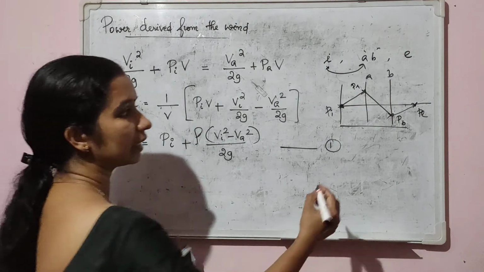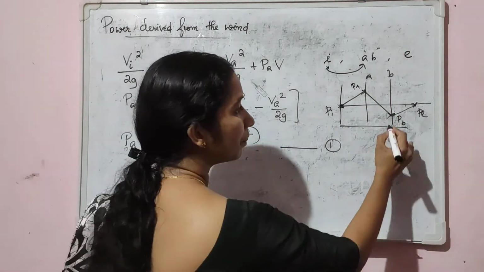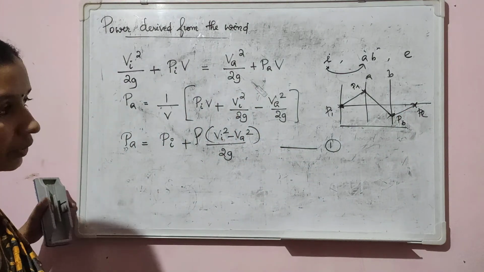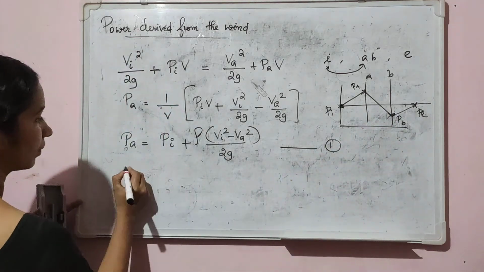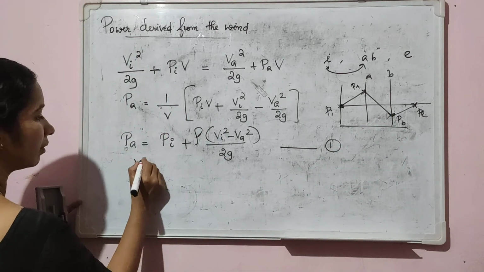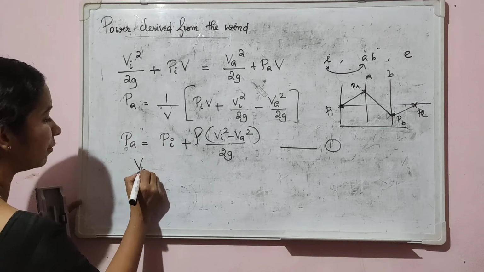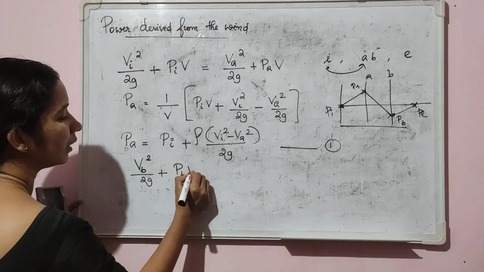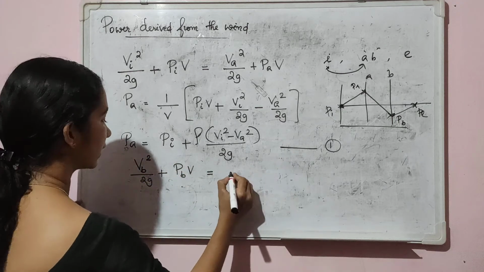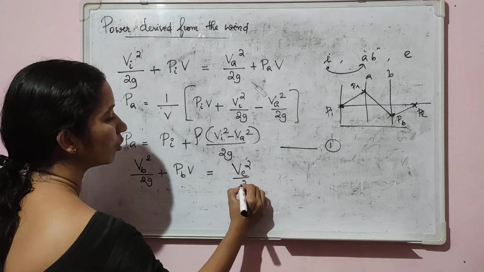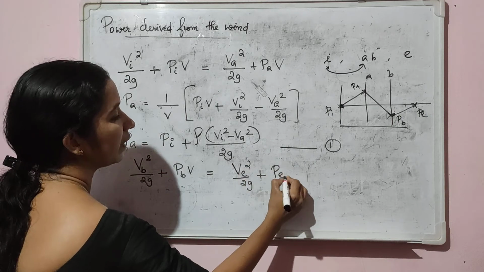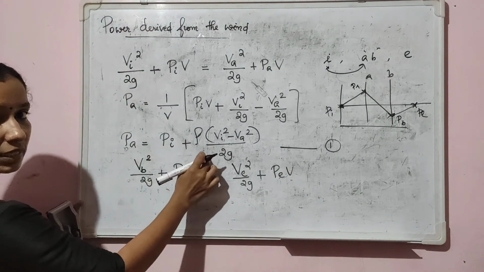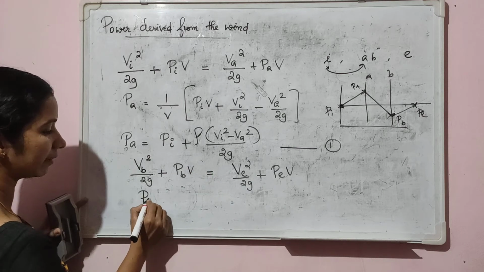Now let us consider the outgoing air between B and E as another thermodynamic system and write the energy equation. The potential energy is zero, the kinetic energy is Vb square divided by 2G, plus flow energy Pb into V, is equal to, for the exit side, Ve square divided by 2G plus Pe into V. Similarly, reducing like this, we get the value of Pb.